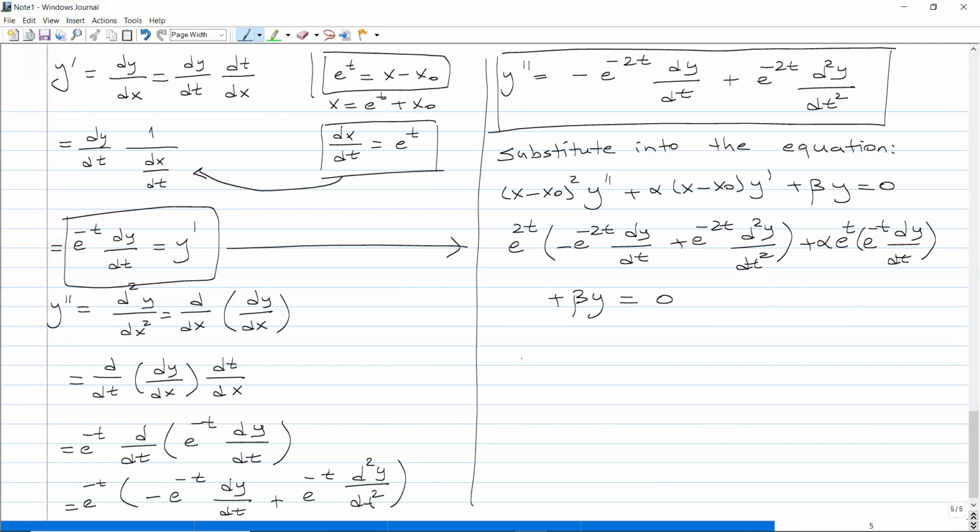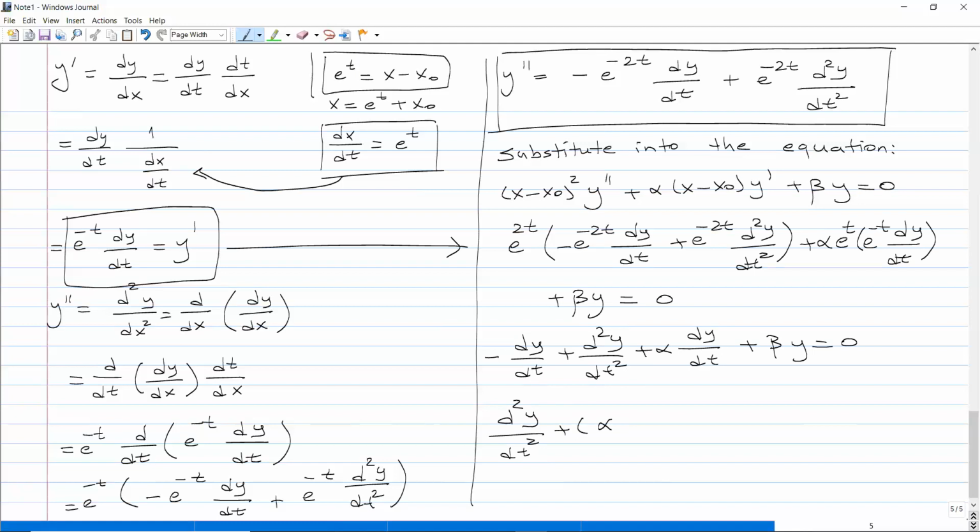So if we simplify, we have minus dy dt plus d squared y dt squared plus alpha dy dt plus beta y equal to 0. So if we arrange the terms, we have two terms with dy dt.